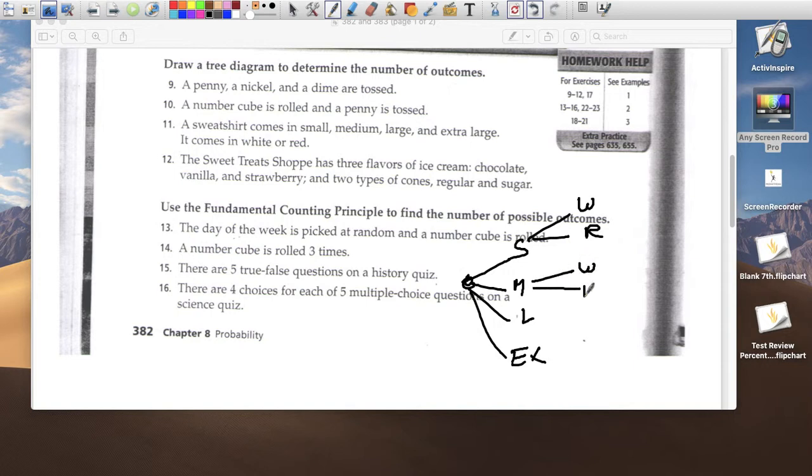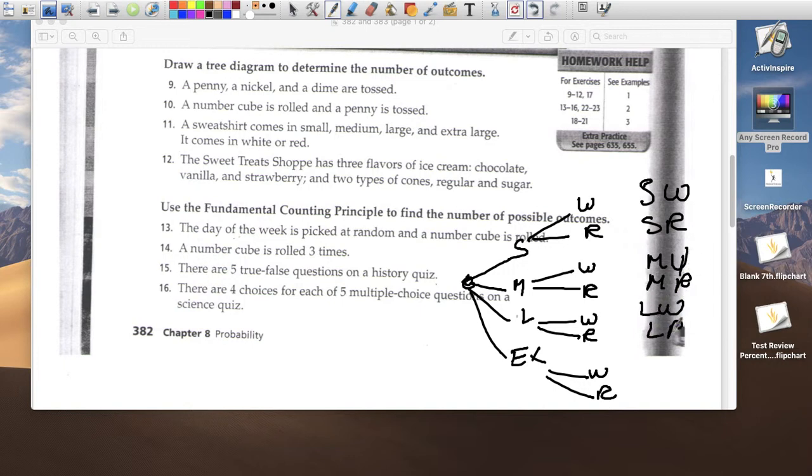Medium white, medium red, large white, large red, extra large white, extra large red. So you can have small and white, small and red, medium and white, medium and red, large and white, large and red, extra large and white, and extra large and red. 1, 2, 3, 4, 5, 6, 7, 8.